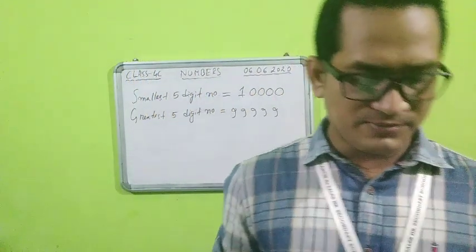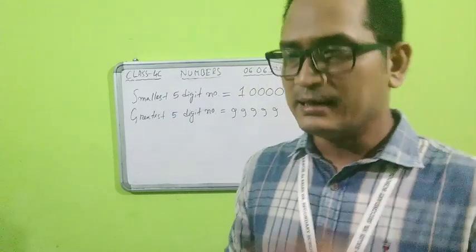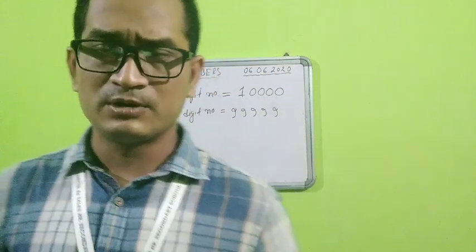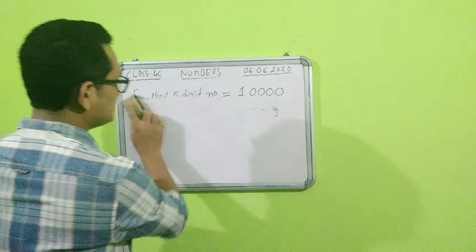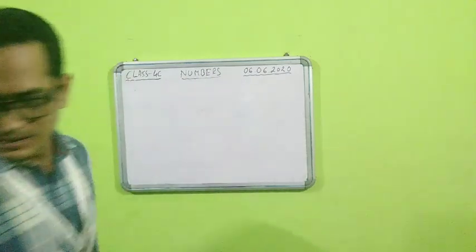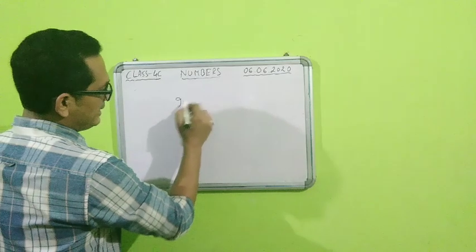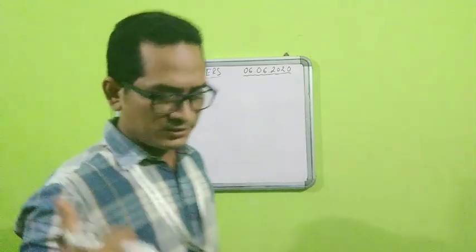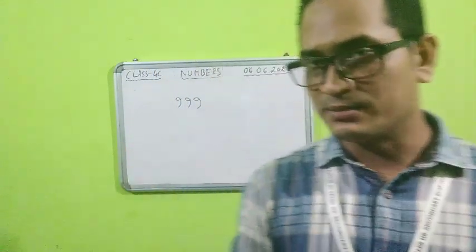Now here, students, you may remember a few things from last year, like the concept called successor and predecessor. Fine. So, if I write 999, what is this? 999 is the greatest 3-digit number.